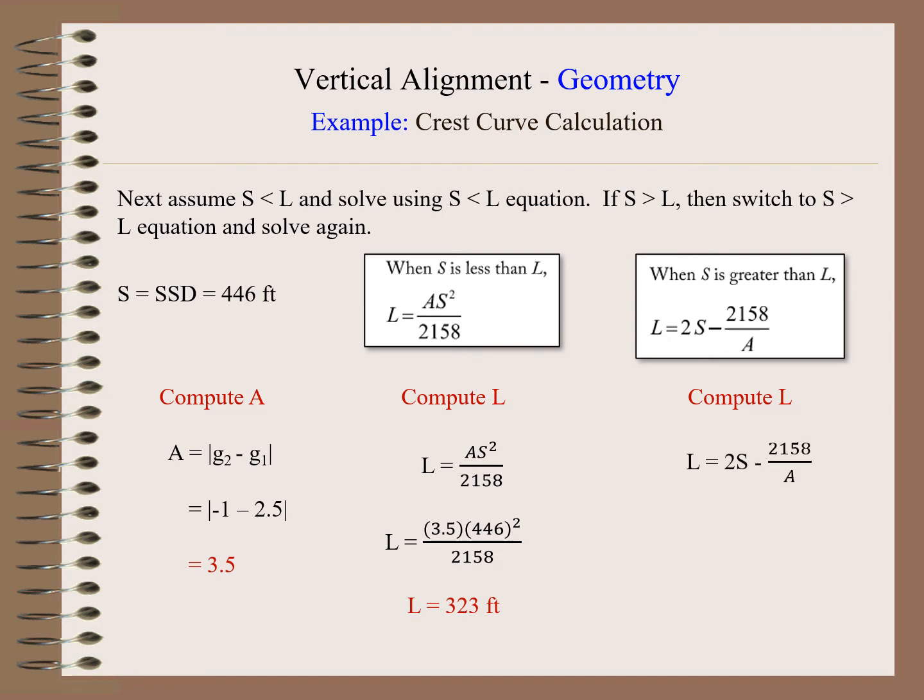So when we use that equation, L equals 2S minus 2,158 over A, and we fill in the numbers, we get an L value of 276 feet, which is, again, less than S. So this equation does solve correctly. And that 276 feet is still greater than the L minimum of 150 feet.